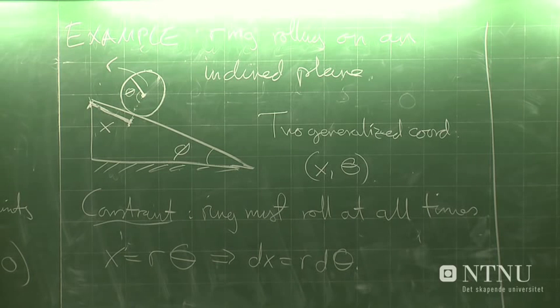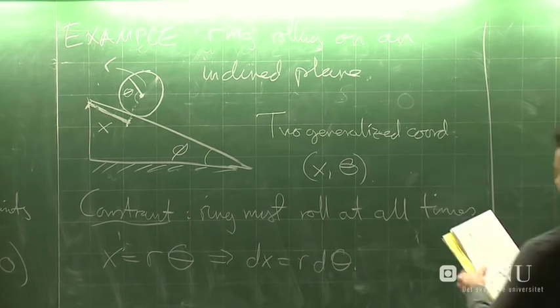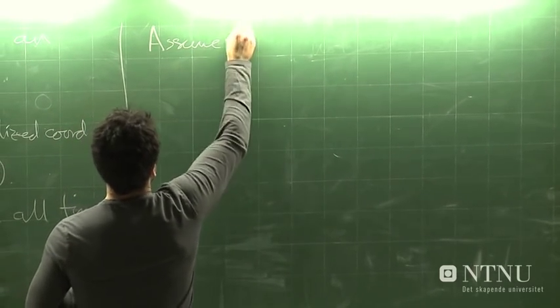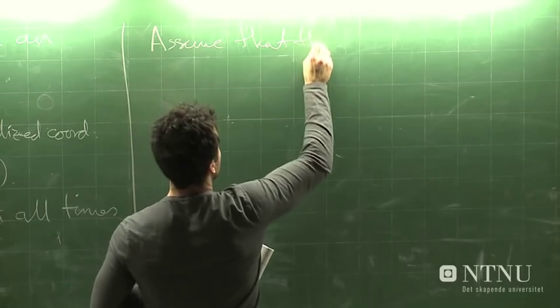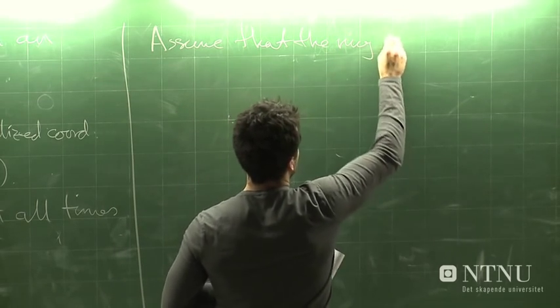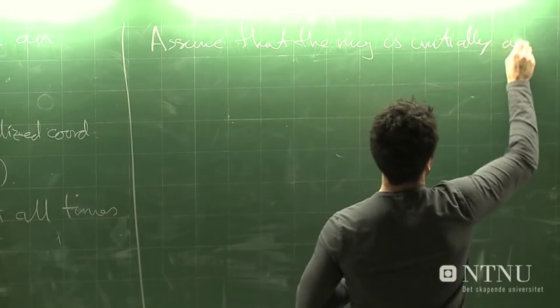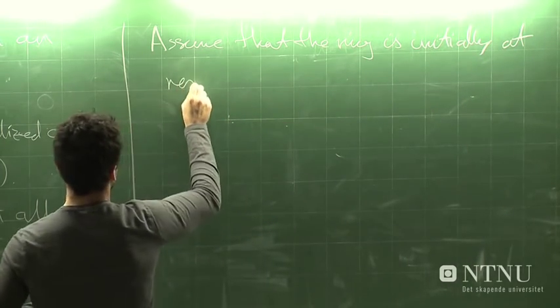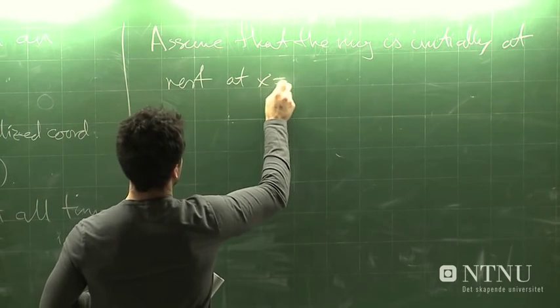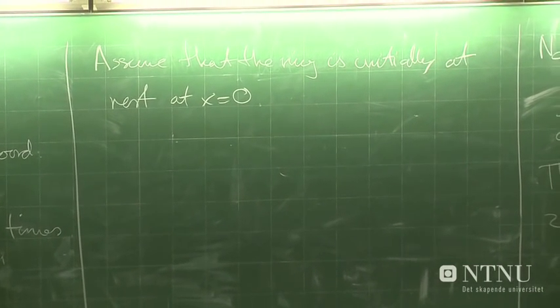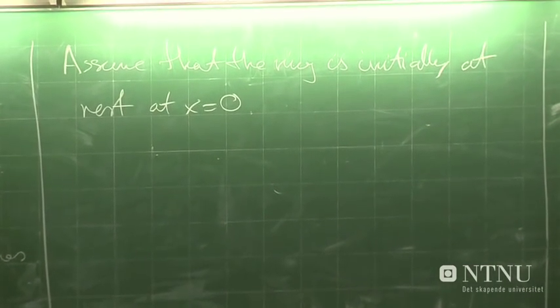Okay, so let's now make life a little bit easier for ourselves and assume that the ring is at rest to begin with. Zero start velocity. Okay, neglecting friction, we have a conservative system.